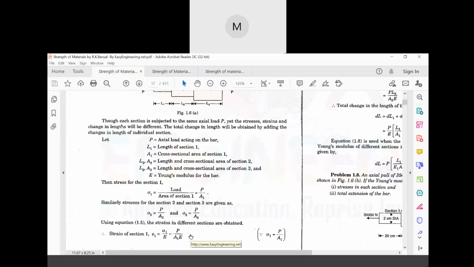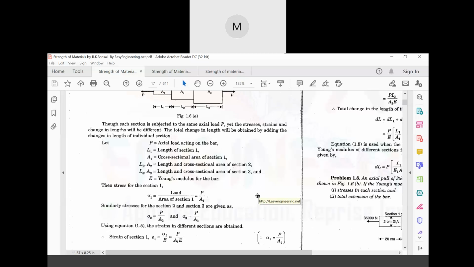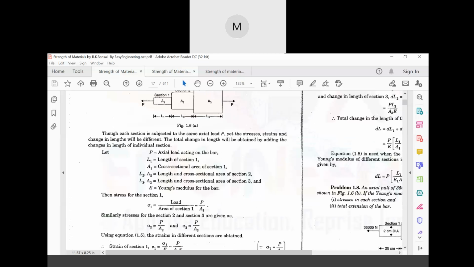Now strain in section 1. How will you find out strain in section 1? Now look, if you see, sigma is the stress, and sigma is proportional to E times strain, right?